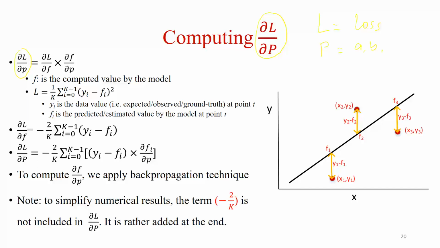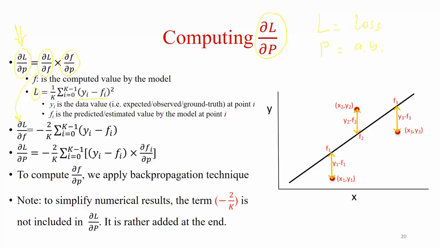First, we can compute delta L with respect to F, because notice this L is expressed in terms of F here. Then we can derive F with respect to P, which makes computing this derivative a lot easier. Now, how can I compute delta L with respect to F?